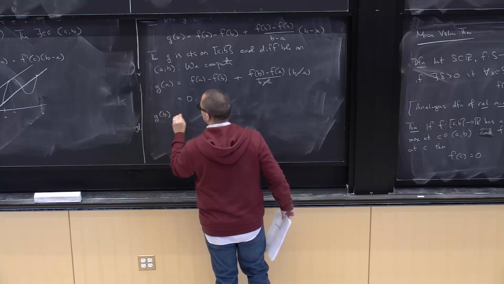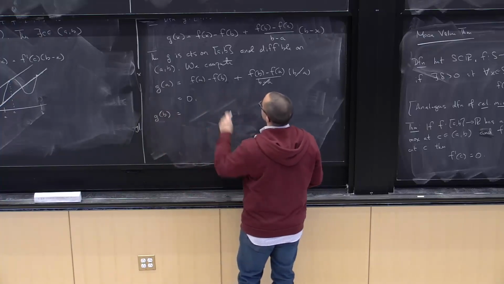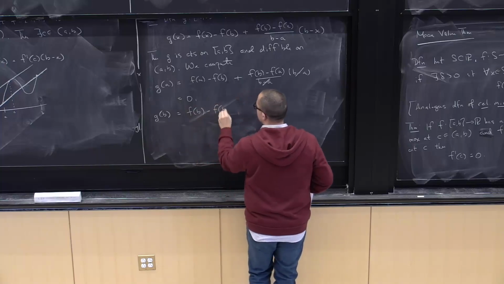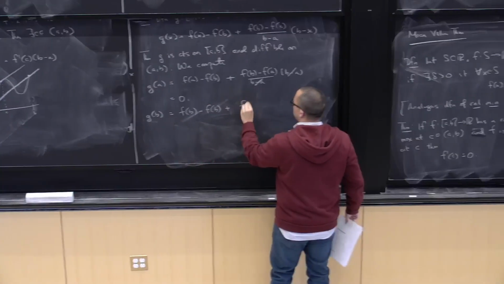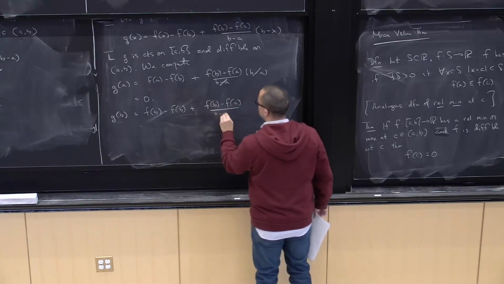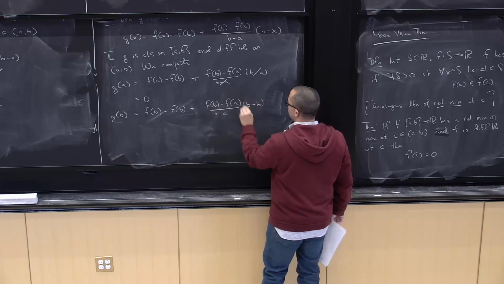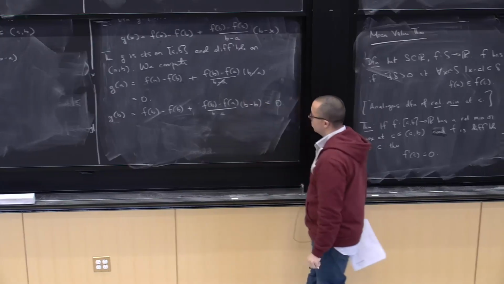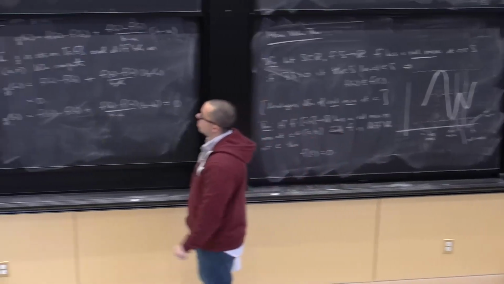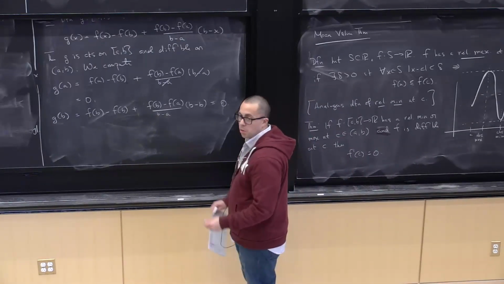And then g of b, this is even easier to see. If I just stick this in, this is f of b minus f of b plus f of b minus f of a over b minus a, times b minus b. And this also equals 0. Okay, so g of a and g of b are 0. The function is continuous on the closed interval. It's differentiable on the open interval.